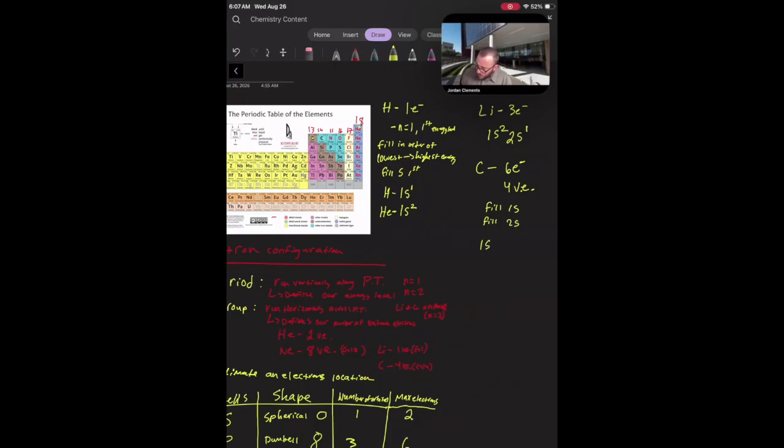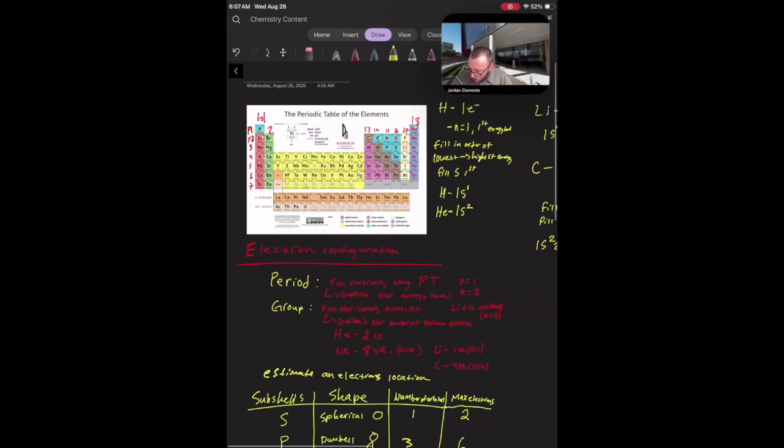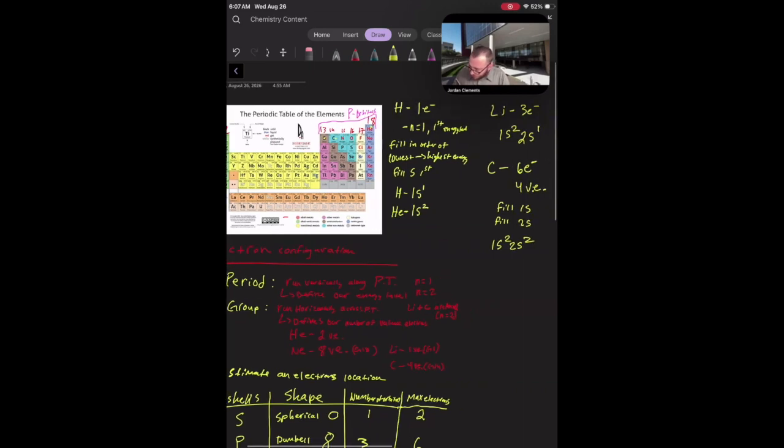So 1s2, 2s2. And then over here, let's define this a little bit more granularly. This is going to be our p orbitals. So carbon begins the p. So we would have 2p2, because we have 1, 2 electrons in that p orbital.